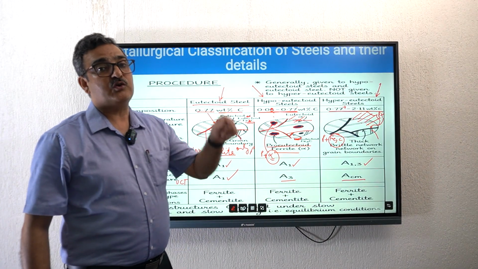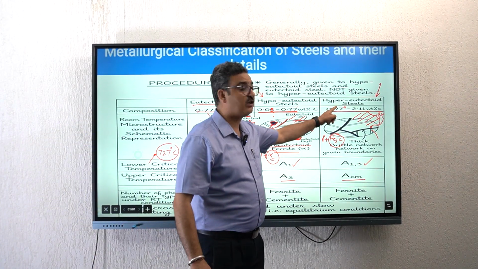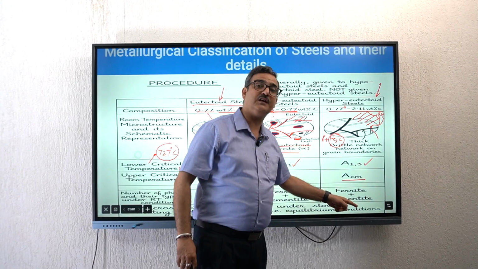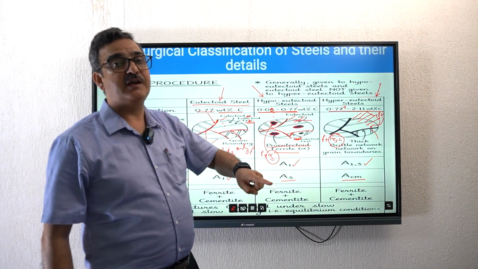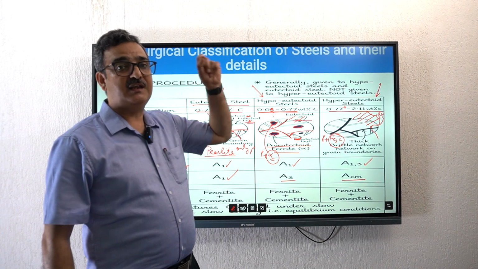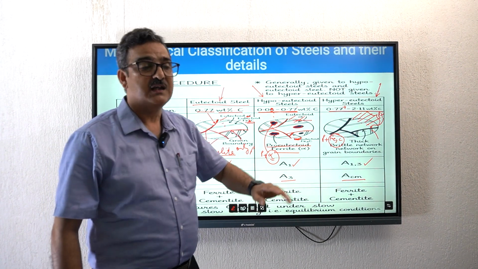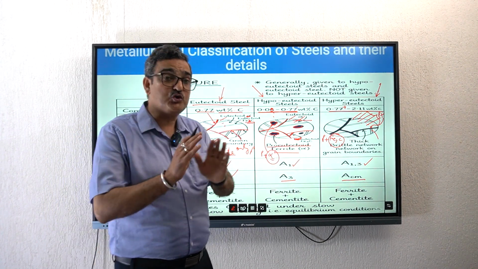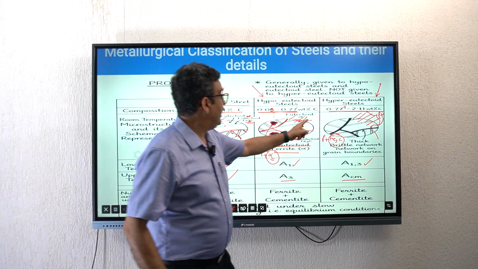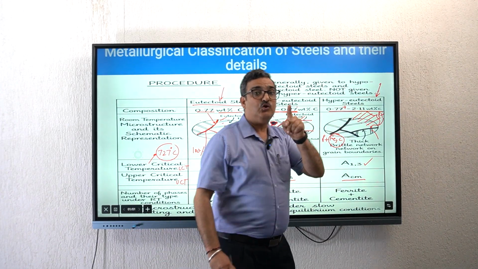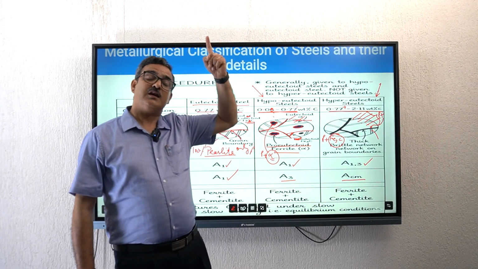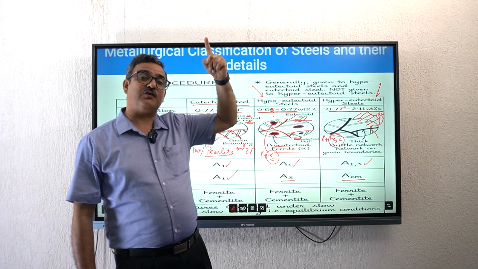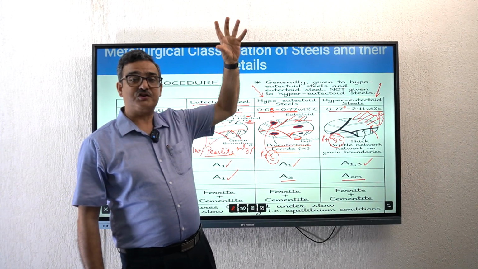This pro-eutectoid cementite, because this is the case of equilibrium, slow cooling, will form a brittle, thick network on the grain boundaries whenever it precipitates, impairing all the properties. So you should not allow hypereutectoid steels to be slowly cooled, because if you have taken them to a temperature higher than the upper critical temperature, austenite is there.